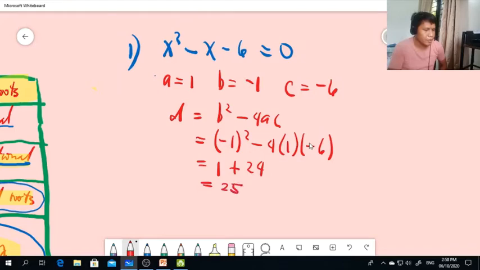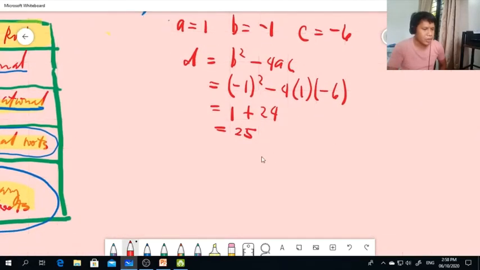That's the discriminant. And you notice that your answer is a perfect square. So here, your discriminant is greater than 0, and it's a perfect square because you can extract the square root of 25. So we determine the nature of the roots of this quadratic equation.